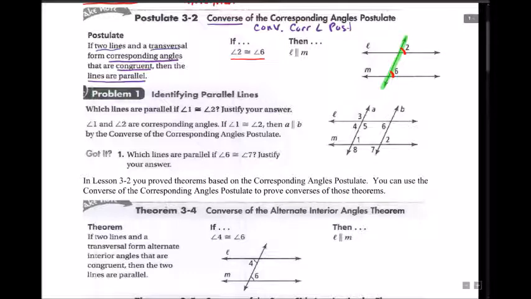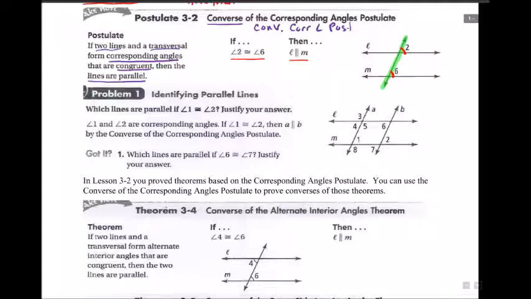Then we can say that our lines are parallel. So line L is parallel to line M. Notice it's not marked parallel to start with. We are given two lines cut by a transversal. Our corresponding angles are congruent. Now we can say our lines are parallel.